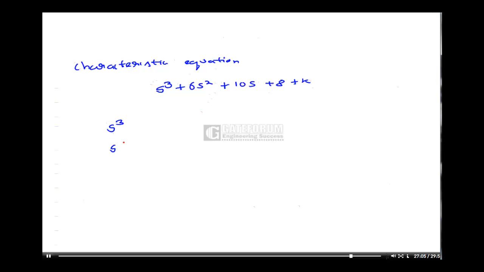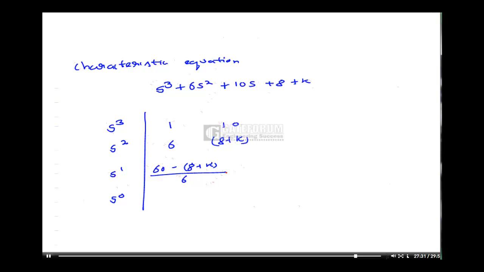Characteristic equation: s cube plus 6s square plus 10s plus 8 plus K. For this my Routh table will be 1, 10, 6 and 8 plus K. This will be (60 minus (8 plus K)) upon 6.